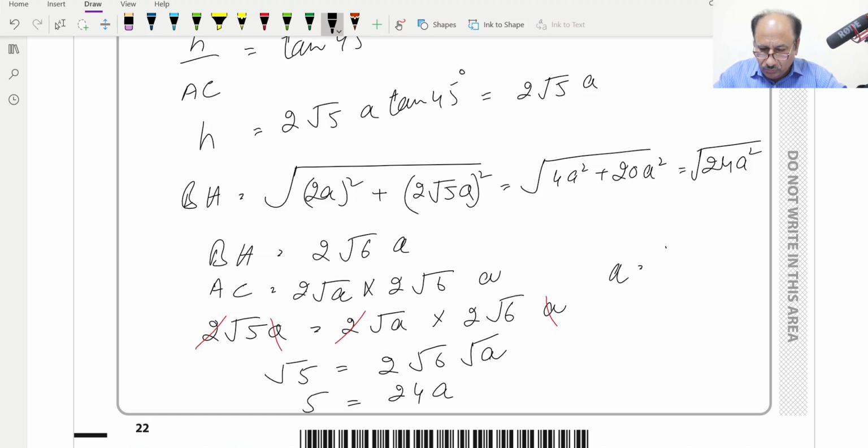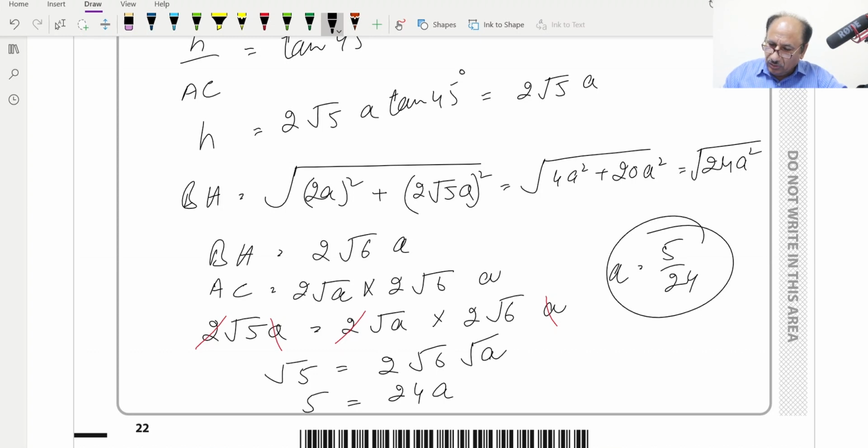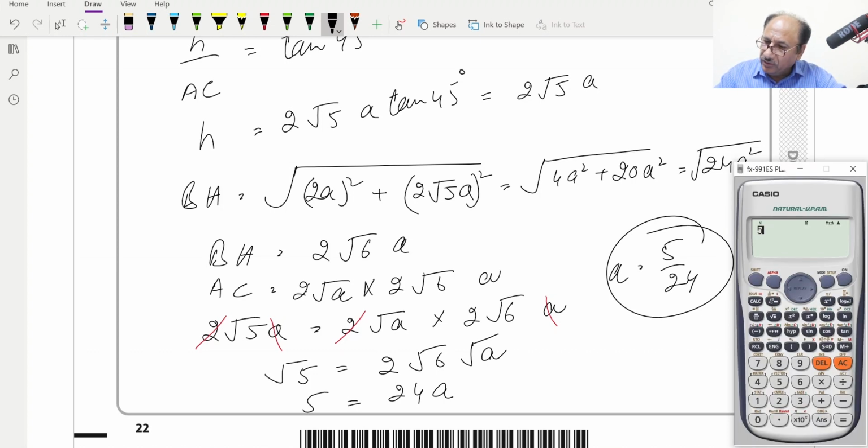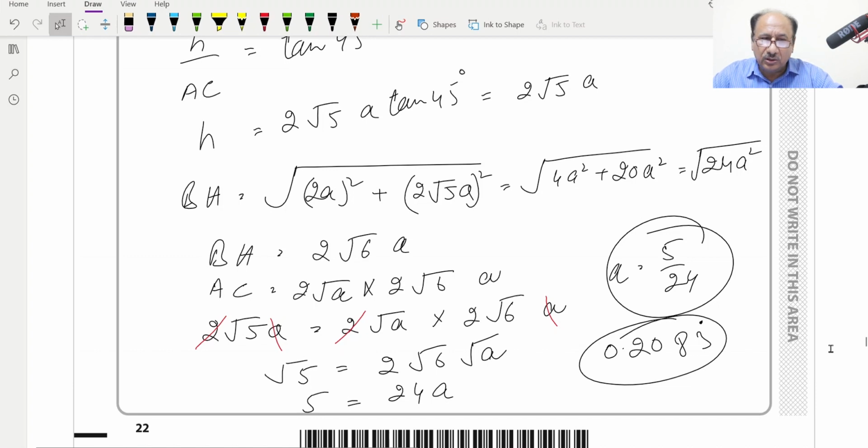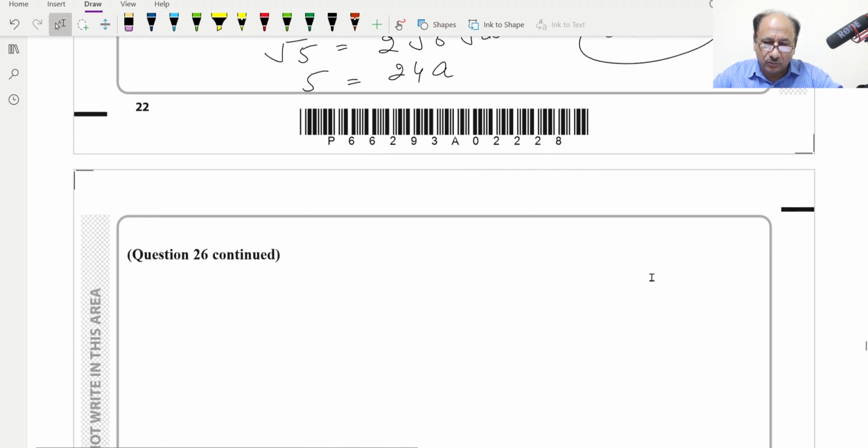A is equal to 5 over 24, and this will be the answer. 5 over 24 we can write in decimal as 0.2083, and this can be written as the answer. This is basically the recurring part, so I've indicated the recurring portion also.